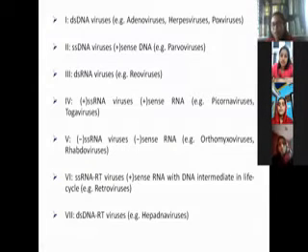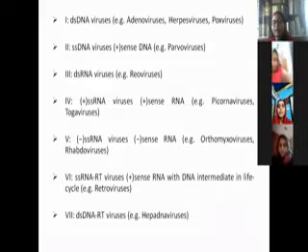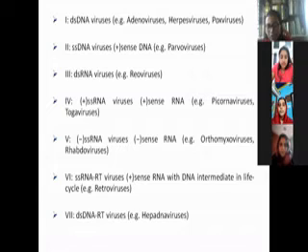In group 1, there are double-stranded DNA viruses like adenovirus, herpes virus, pox virus, etc. Group 2 includes positive sense single-stranded DNA viruses like parvoviruses.